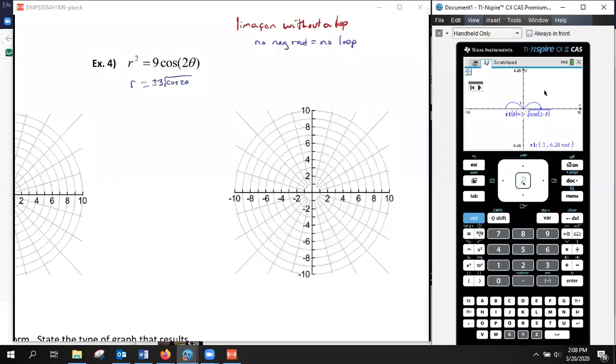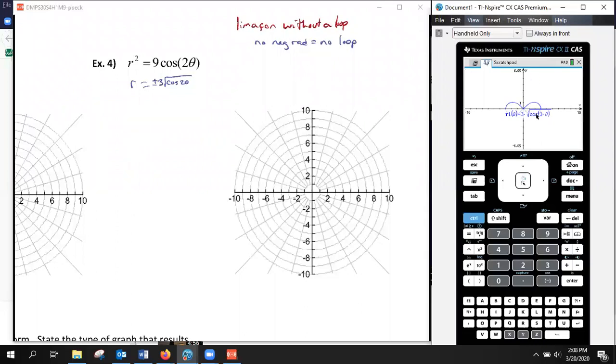So if I graph the negative square root, because if you see right here, I only graphed the positive square root. If we graph the negative square root, I should be able to say negative R1. And did that actually graph is the question. It's in red.